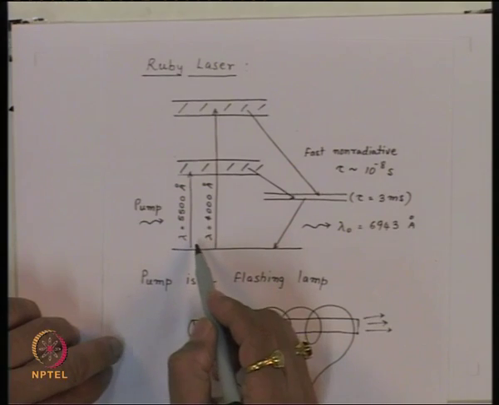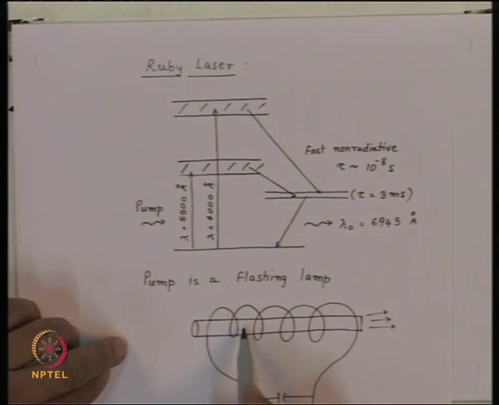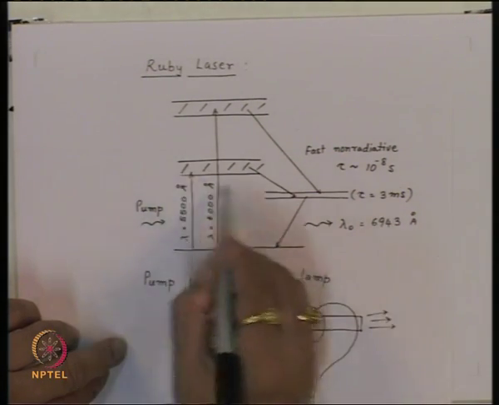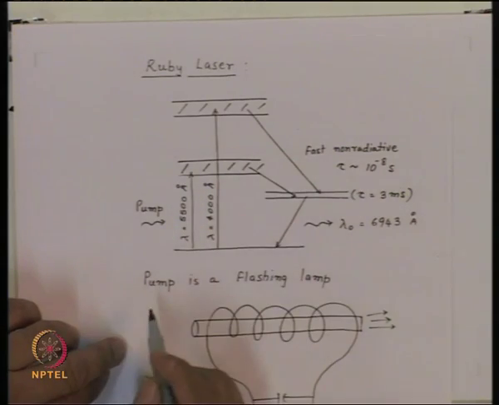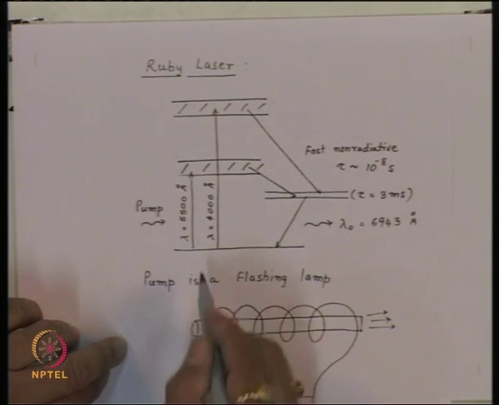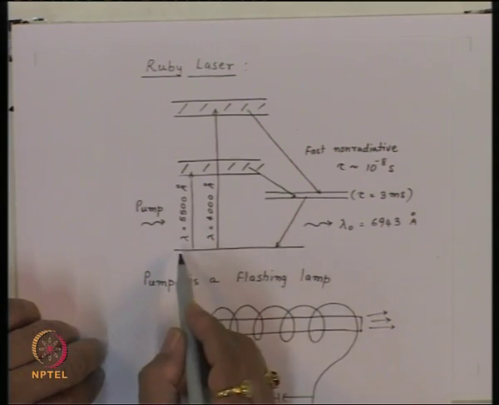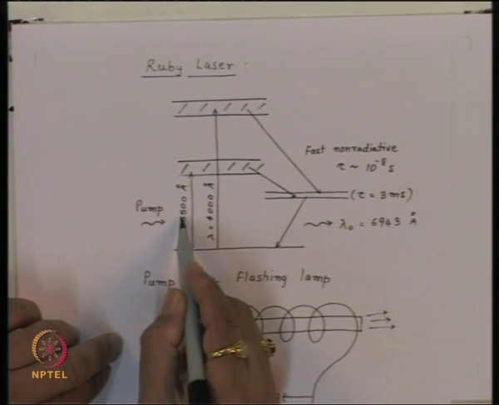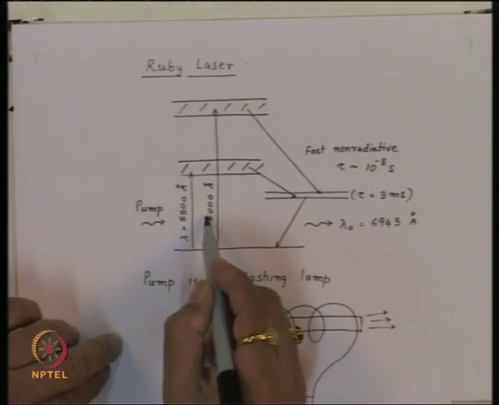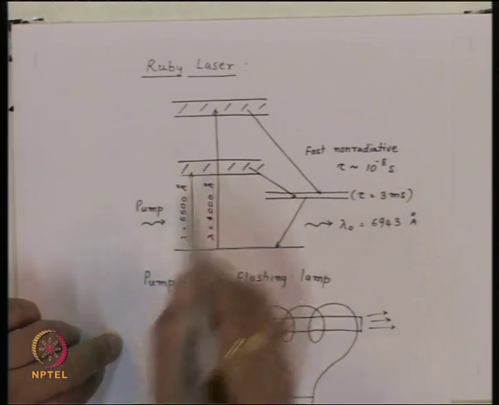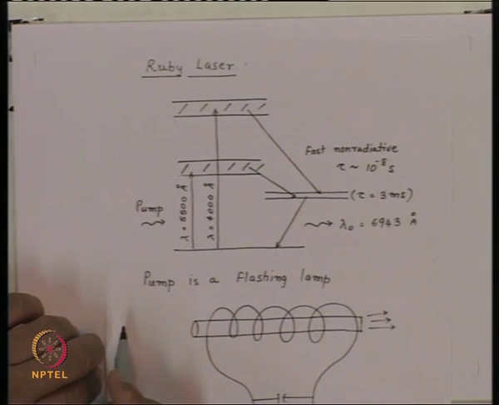To create a population inversion, the ruby rod is pumped, so that the electrons are transported from the ground state to either this state, which is a rather broad energy level, or to this state. So, the energy has to be supplied at a wavelength either at 5500 angstrom or at 4000 angstrom, and you create population inversion at one of these levels.